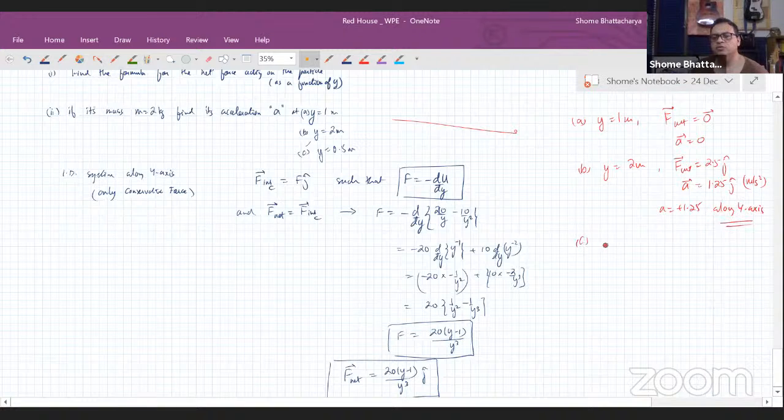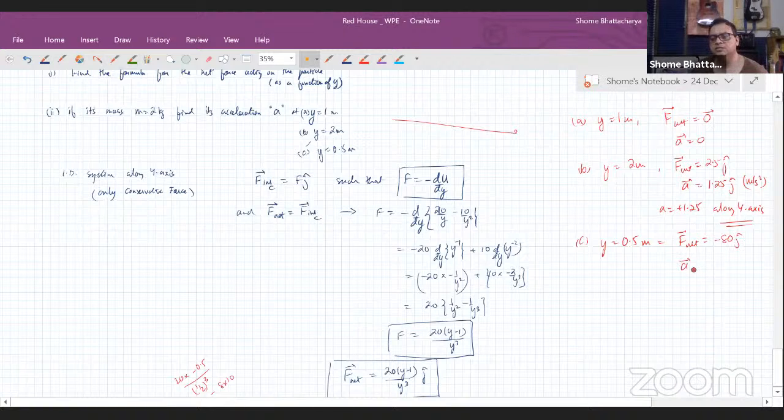Whereas at y equal to 0.5 meters, interestingly, the net force will become 20 into minus 0.5 divided by 1 by 2 cube. So this will become 8 into 10, but with a minus sign, so minus 80 j cap.